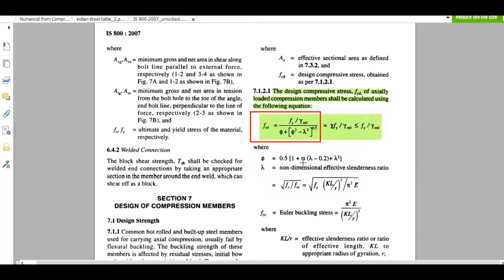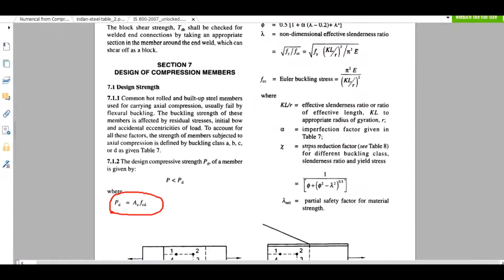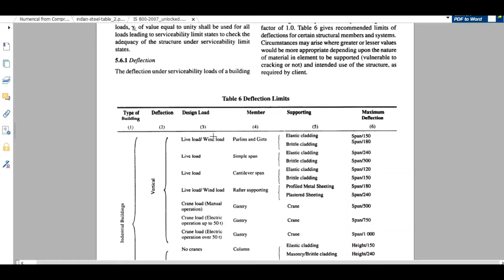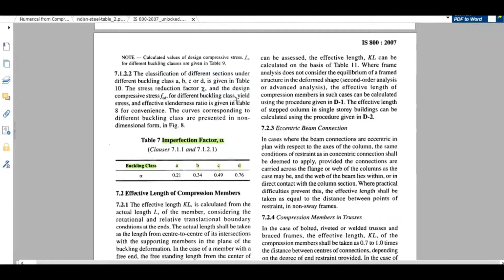That means it is not the ideal case. As I have explained in my theoretical derivation, this alpha you can get from table number 7. Table 7 is here.